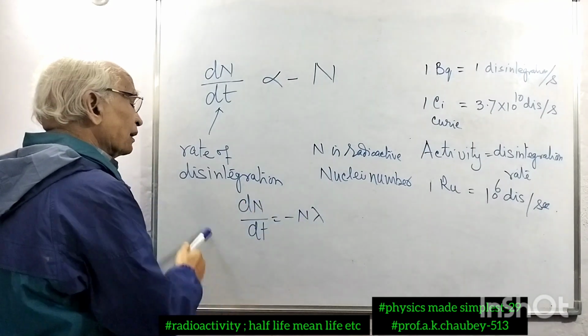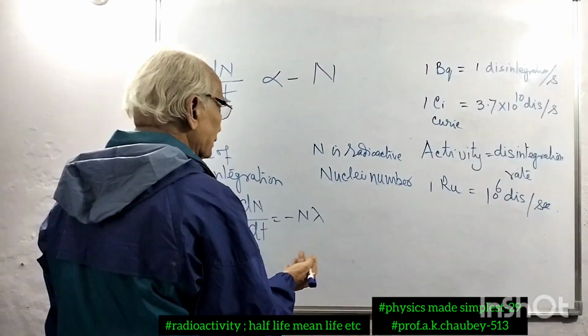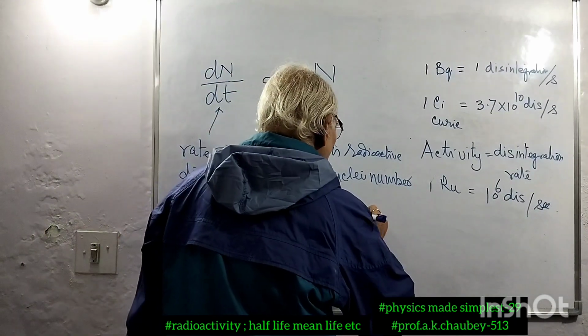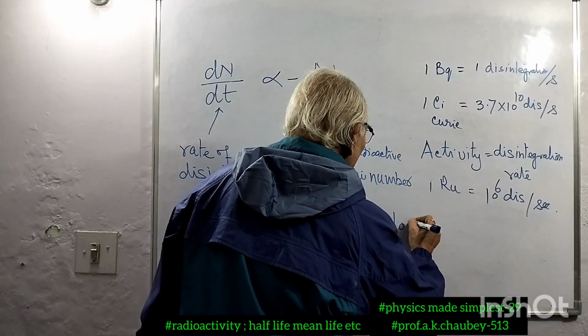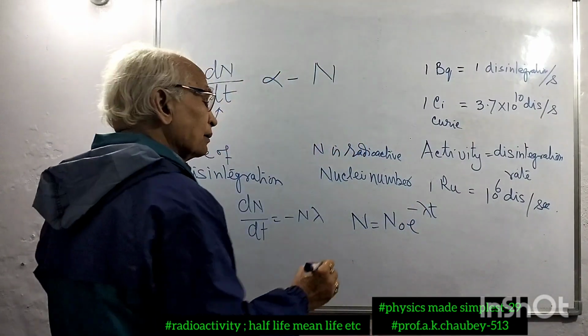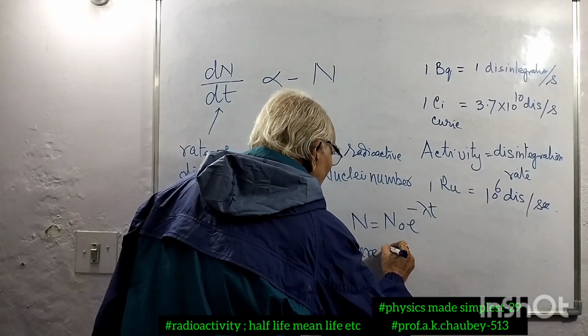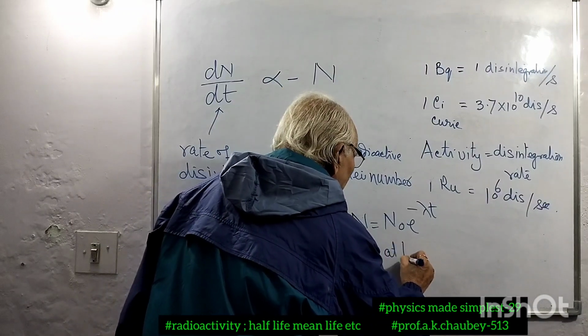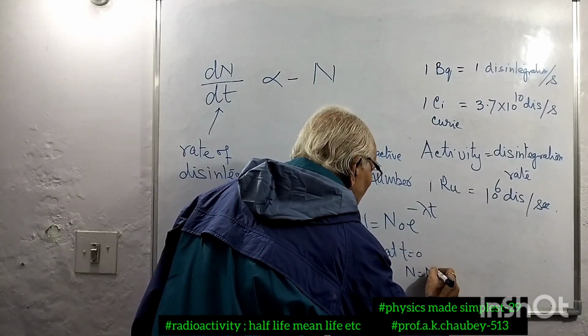From this differential equation, you can just integrate and get N is equal to N naught e to the power minus lambda t, where at t equal to 0, N is equal to N naught.